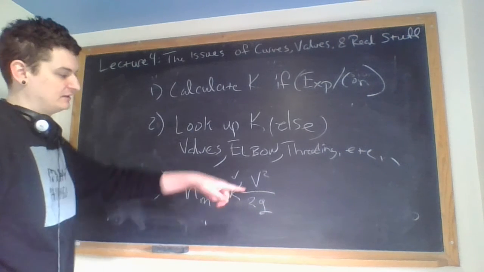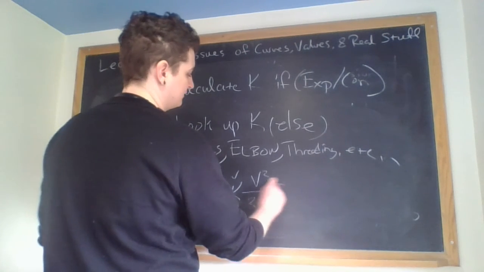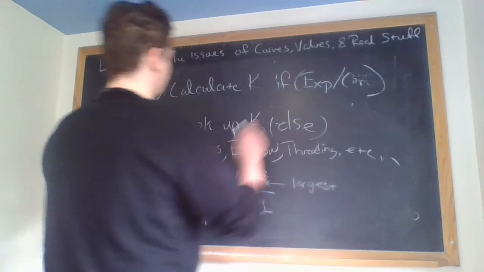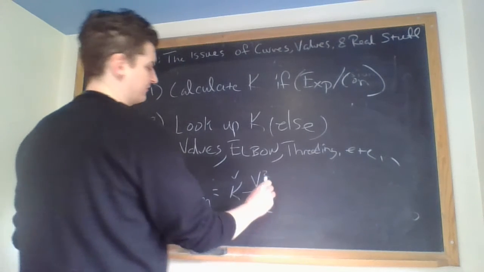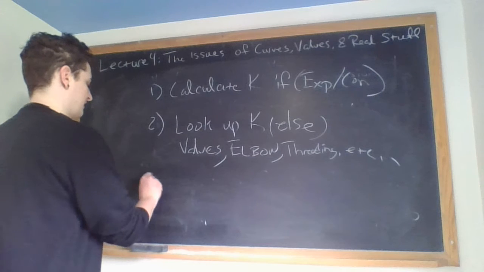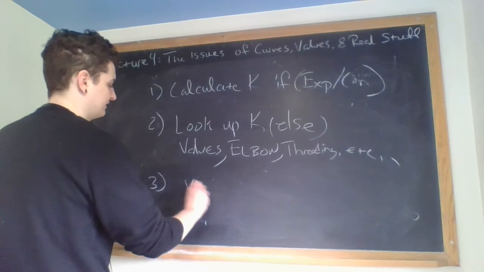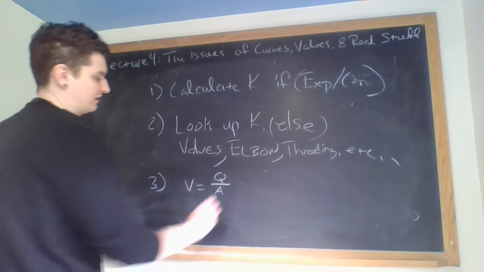And you have the V squared. Again, what V squared do I use? Largest in terms of expansion or contractions. But again, people sometimes get freaked out about what velocities they should use. So maybe one more step for these minor losses. Depending on what section of pipe you're in, velocity is the flow rate divided by area.